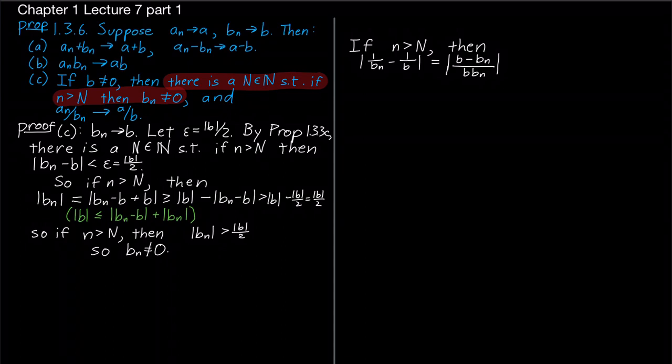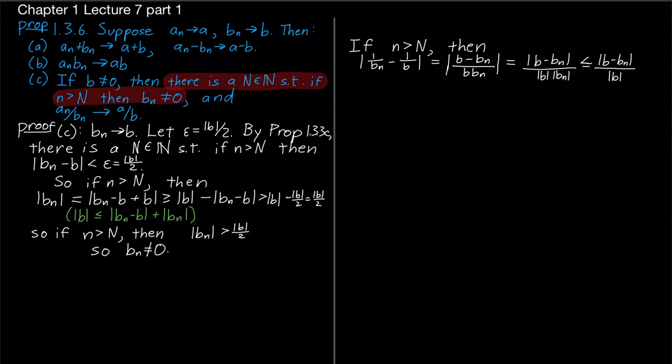And so that's the absolute value of B minus Bn over the modulus of B times the absolute value of Bn. Modulus is another name for absolute value sometimes. Since I've got this lower bound on the modulus of Bn, I can put a B squared in the bottom and a 2 on top, and I'm okay.